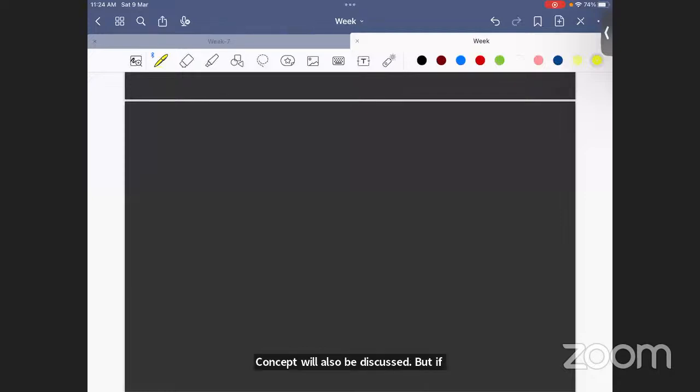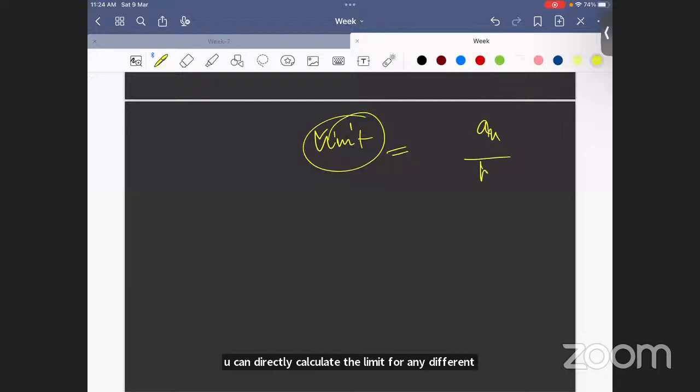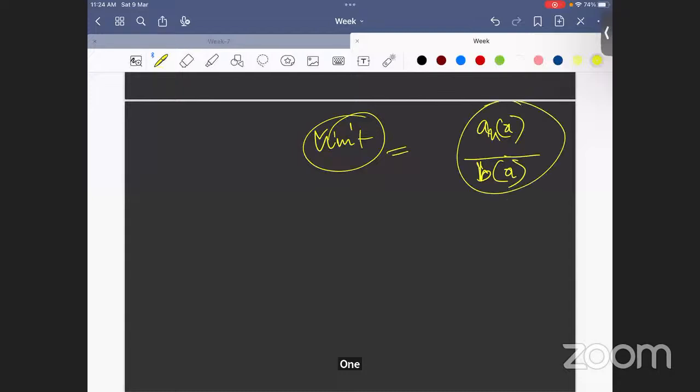But if you know that, you can directly calculate the limit for any different function of the form of n upon ax or upon bx. You just have to differentiate both the function up and down.